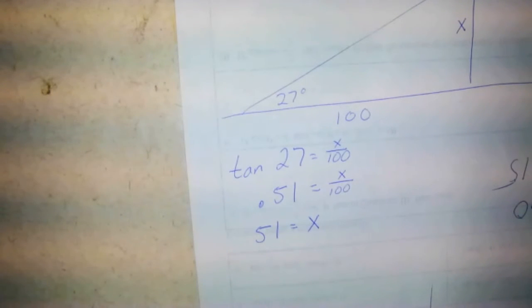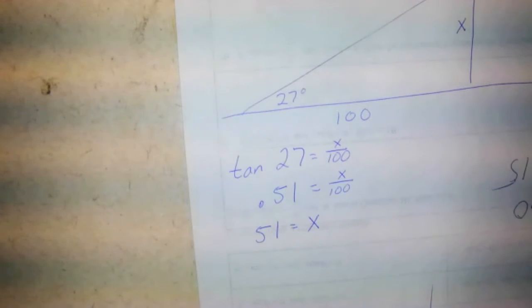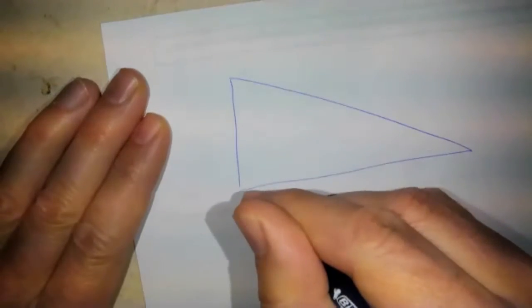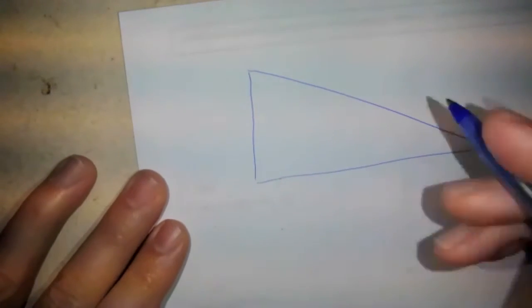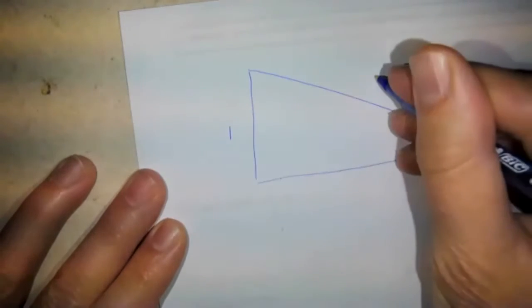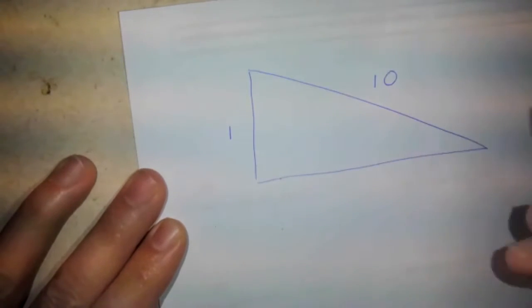The other use is going backwards. So now that we have this handy dandy chart and all these ratios of sides listed, what if I was out there and I discovered a right triangle, and I found that this had a length of 1 and this had a length of 10.